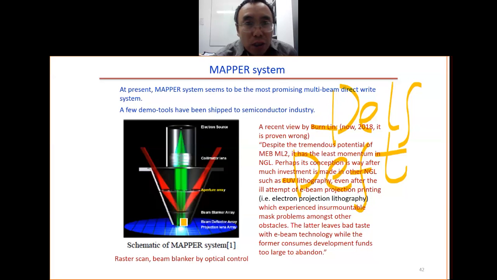So as a result, this company, even though they were not so successful to replace the EUV, still they survived. They provide the prototyping service. If you want to make small quantity prototypes, then this will be very good because you don't need to make any photo mask. So now I will show you a video for the Mapper process.